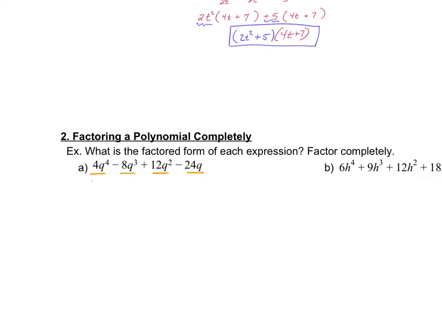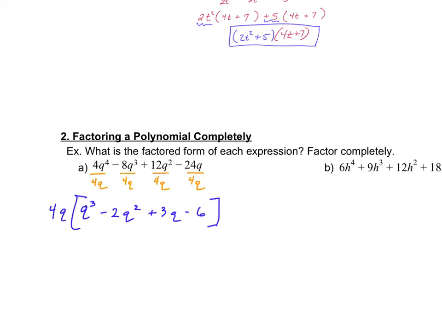I hope you can see that we can factor out 4q from all four of those. That leaves behind q cubed minus 2q squared plus 3q minus 6.